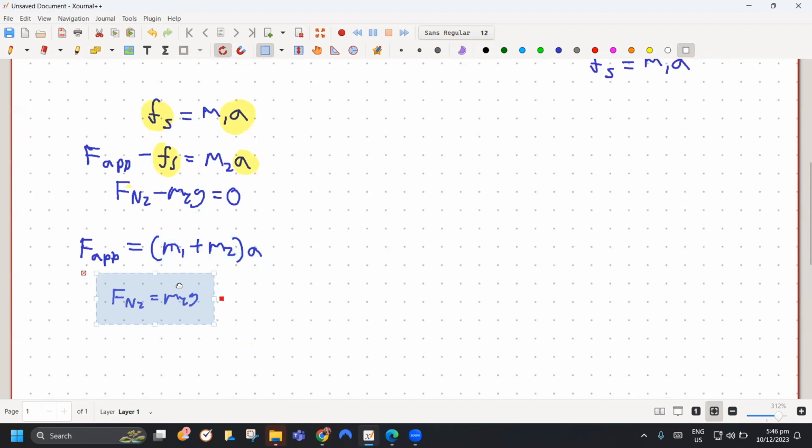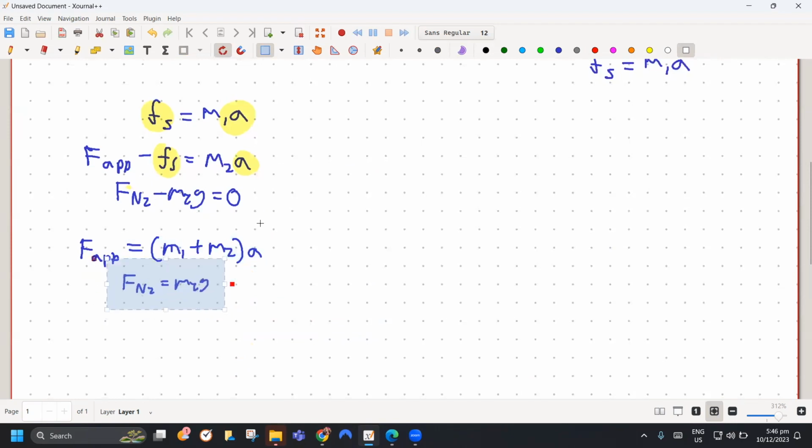Okay, so from there we can get the acceleration in terms of F applied.